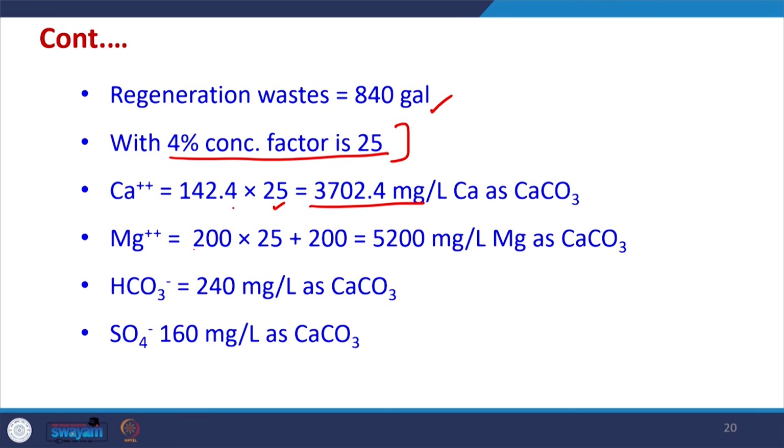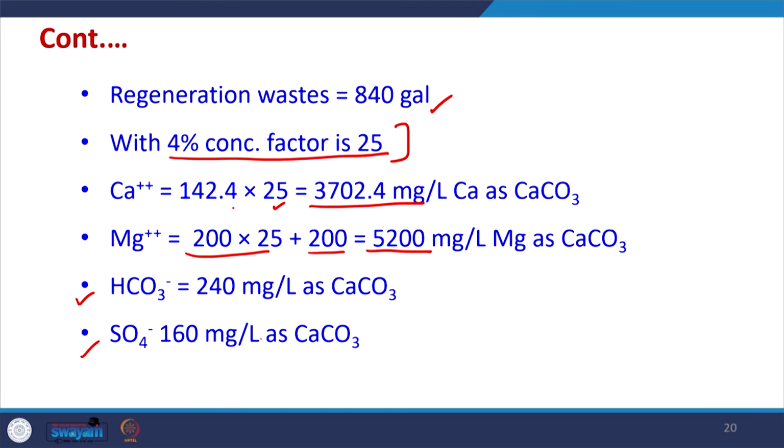Similarly, for magnesium, here additional 200 has been used for performing some idea with respect to magnesium which will be there. So, that is 5200. We have just taken, it could be 5200 also. Now, similarly, the bicarbonate and the sulphate which is there are already given as 240 and 160.